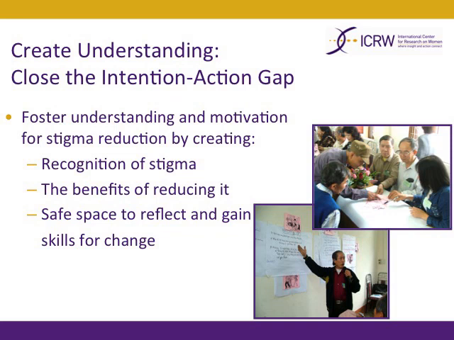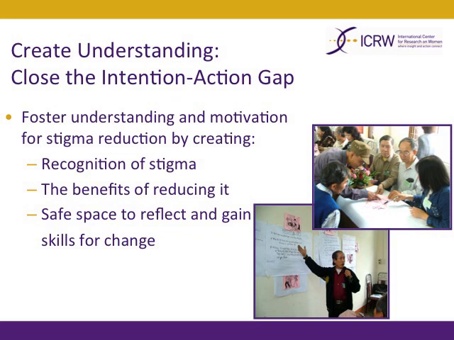So the next key principle is really to create understanding and to close this kind of intention to action gap. One of the things we found is that you really need to foster an understanding and motivation for stigma reduction among the groups that you're working with. So you can do this by helping people to understand how to recognize stigma.